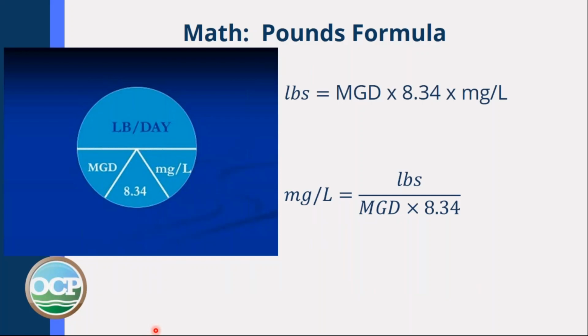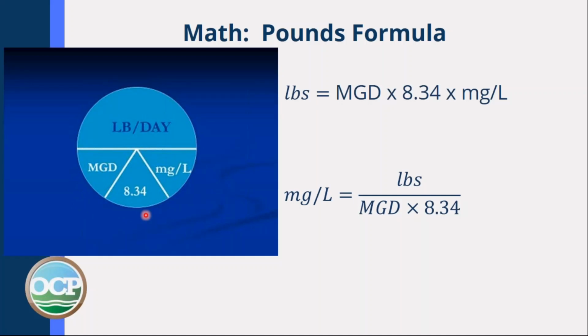We're going to do a little bit of math now. And those of you who have taken this class or this series before will be very familiar with this pie chart, this pie diagram for the pounds formula. This is something that you will have to be very familiar with as you take this class and take the test.